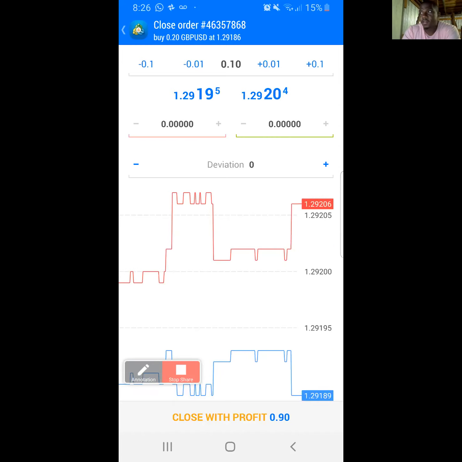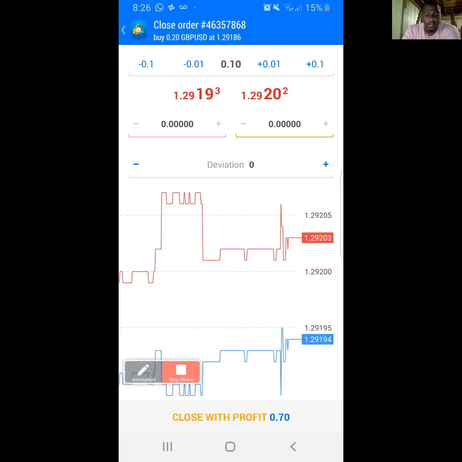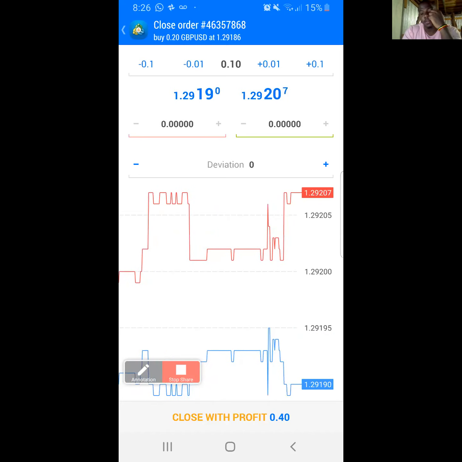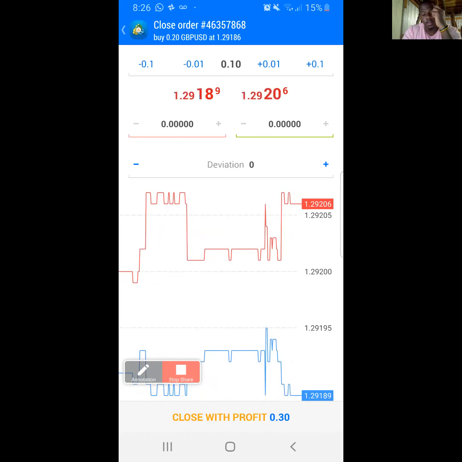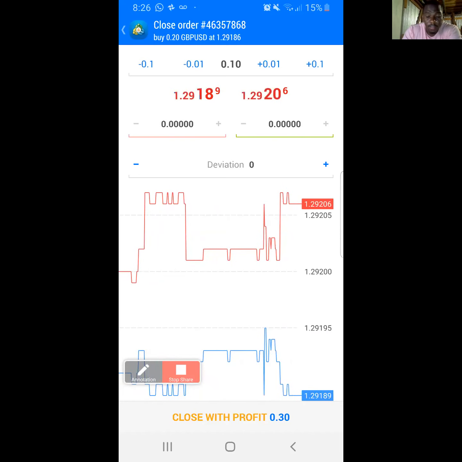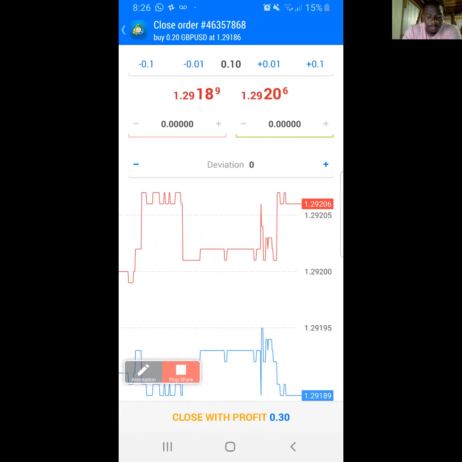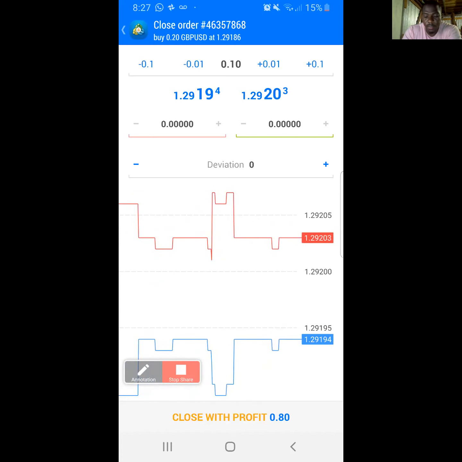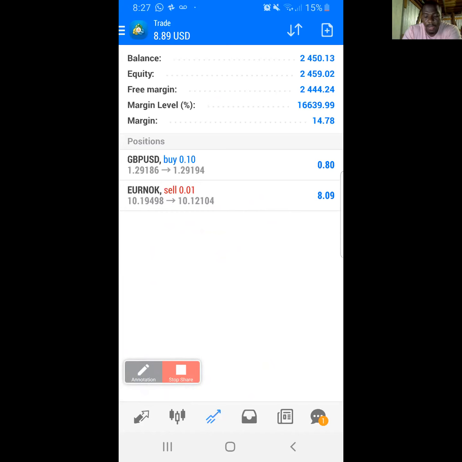There's a demo right here. I ain't got no trades running live right now, so I opened one demo to show the group. So I close half my position and now it has changed from 0.2 to 0.1, and my entry will still be the same.